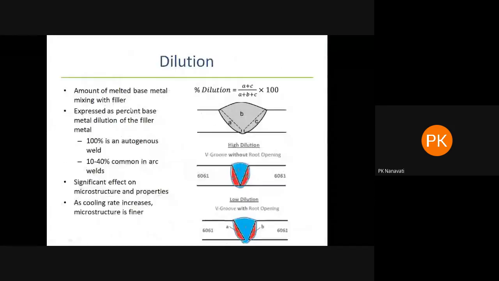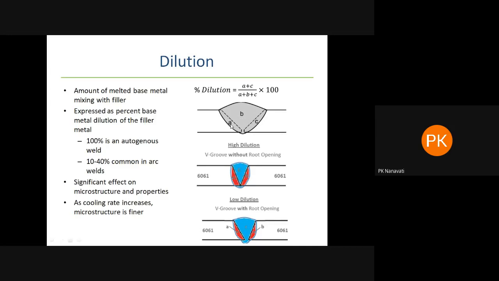So now we have to understand certain terms which are very necessary for understanding welding metallurgy. First is dilution. Focus on the figure where my cursor is moving. As I have told you, the base metal is contributing to the weld metal.